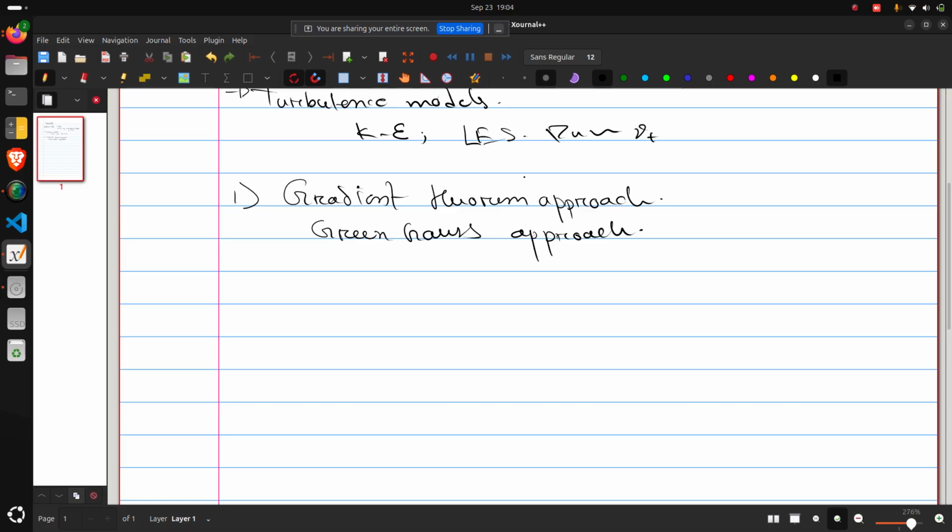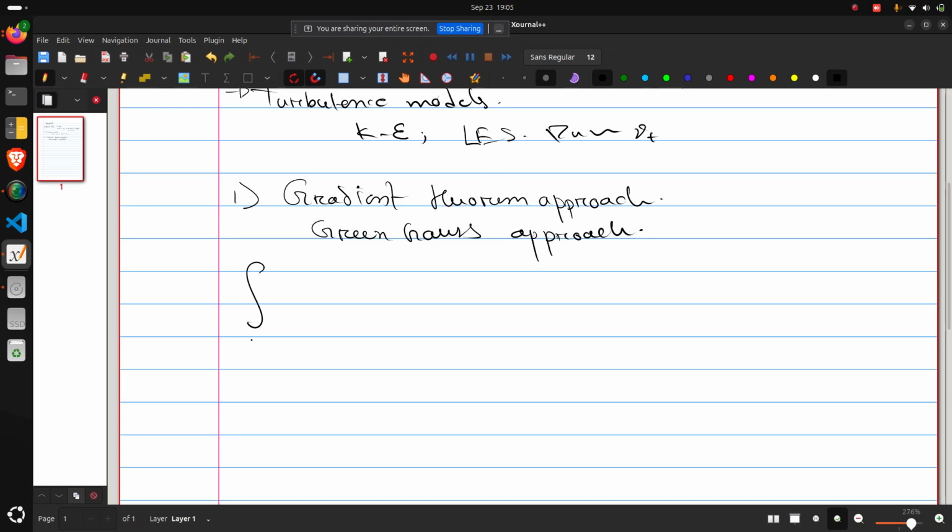So to start off, the gradient theorem utilizes the Gauss divergence theorem that we had used while discretizing the steady and unsteady diffusion equations, where we converted a volume integral into a surface integral by converting the divergence term inside that.